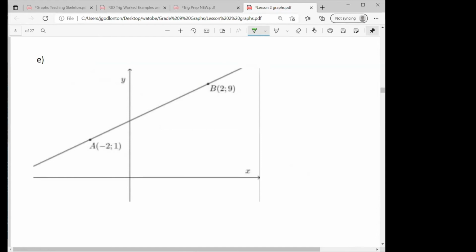Okay. Give this question a try for me. I want the gradient of this line.